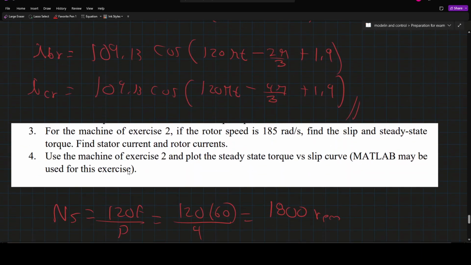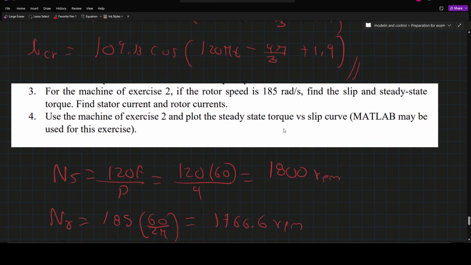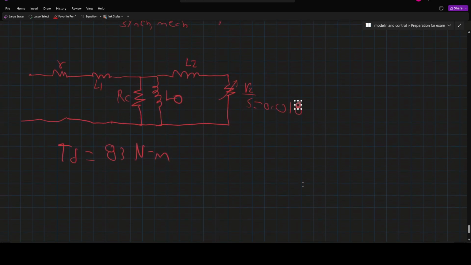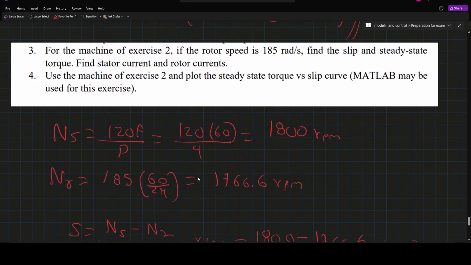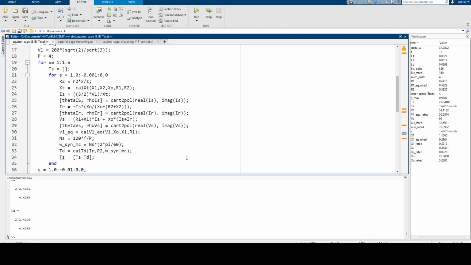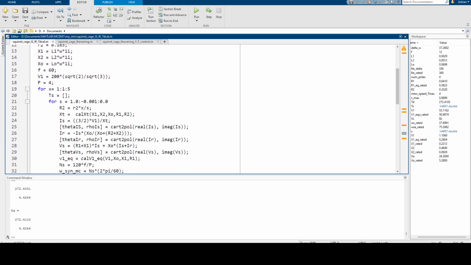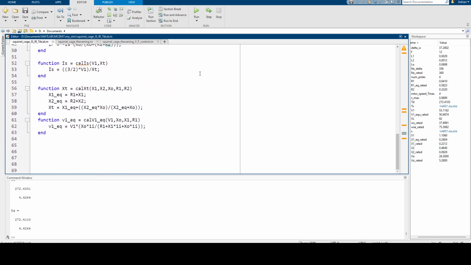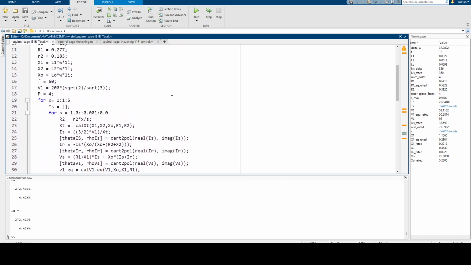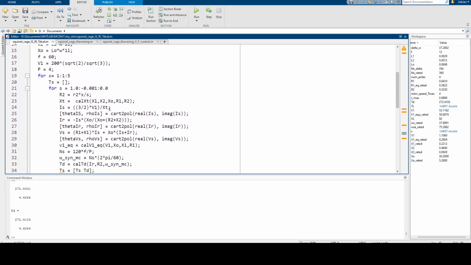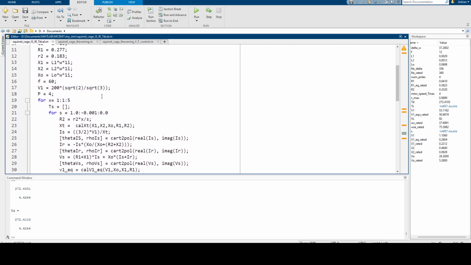and they are asking us to plot the steady state torque versus slip curve in MATLAB. So here I have MATLAB. I was doing everything in MATLAB because I knew the exercise was going to ask us this. So they're asking us to write the steady state curve.